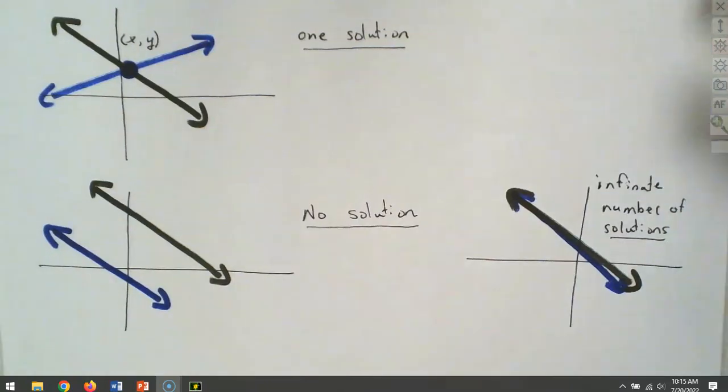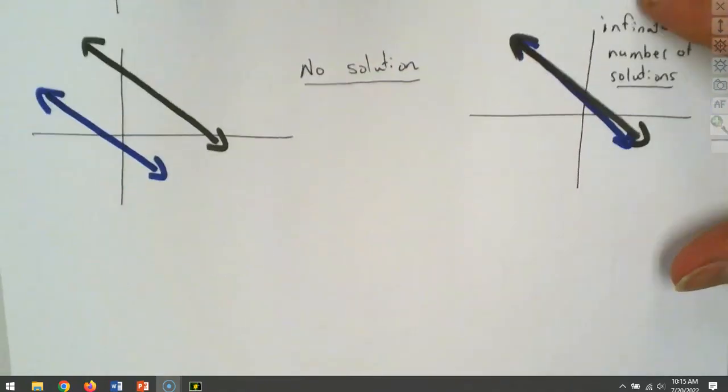There are two ways to solve these. One is called substitution, and the other is called elimination. I'm going to show you both ways. To do these, I'm going to create one starting with the answer, and then we're going to solve the equations to get the solution. These are going to have a solution.